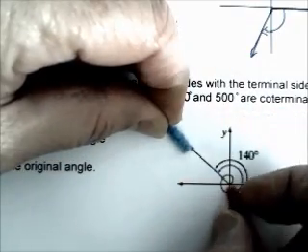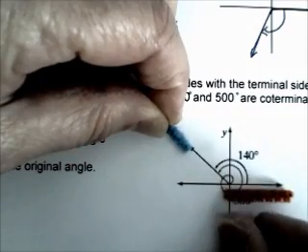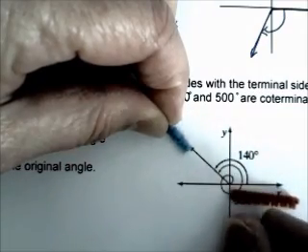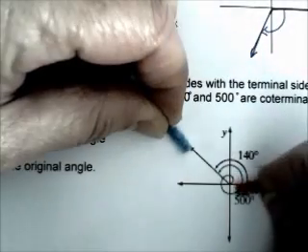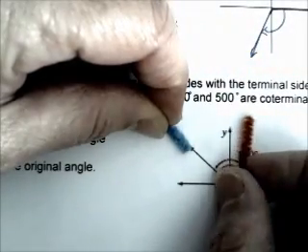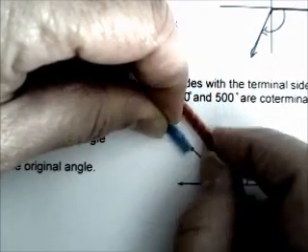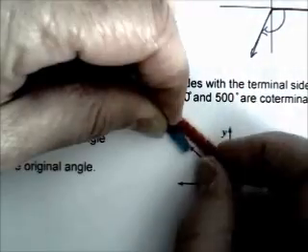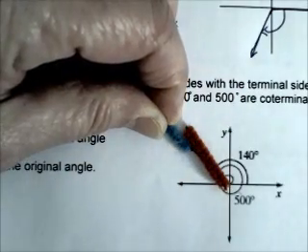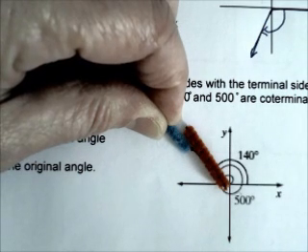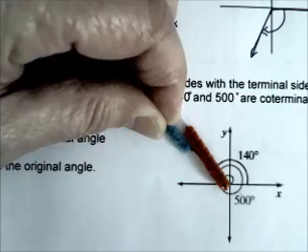There's 360 plus 90 plus 40 plus 130 more, or 140 more.